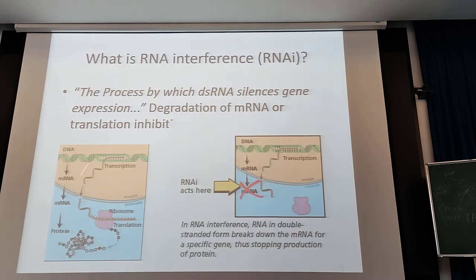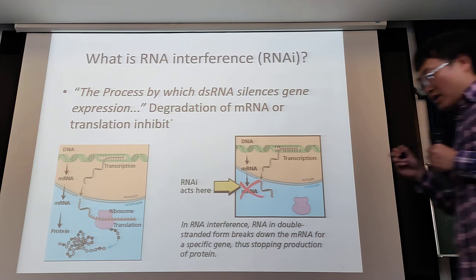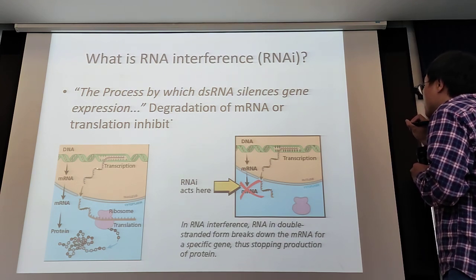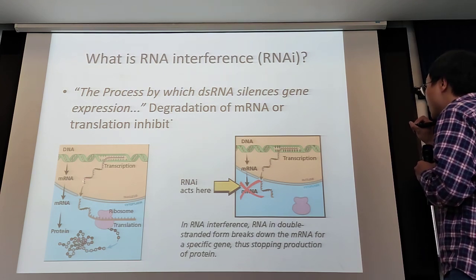So with the normal gene, when transcription happens, the fragment of DNA will be open, and the transcription factor starts to transcribe to create the mRNA.